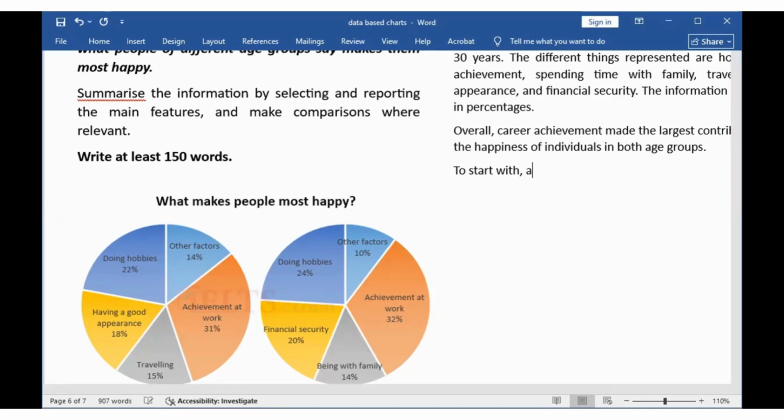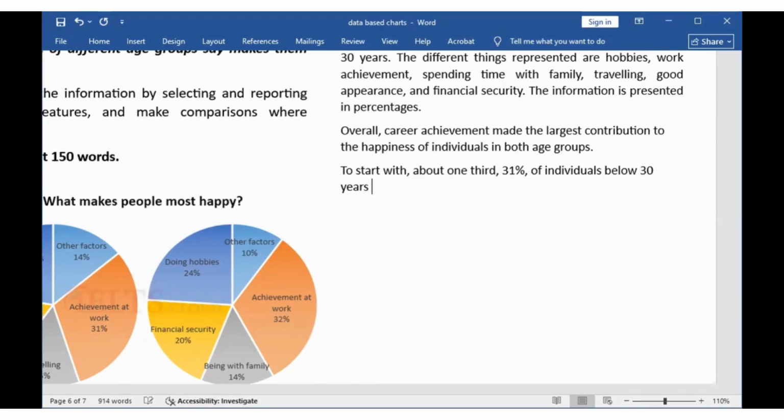or let's just say about 1/3, 31% of individuals below 30 years indicated achievement at work made the biggest contribution to their happiness.